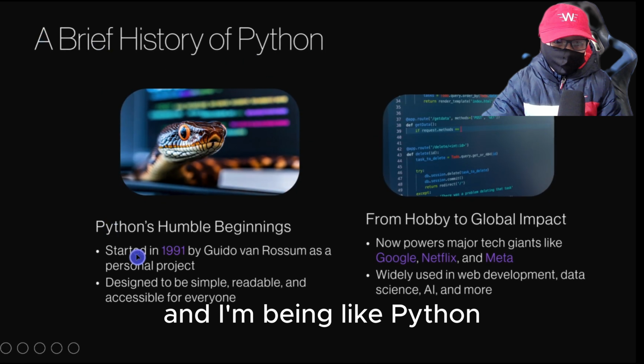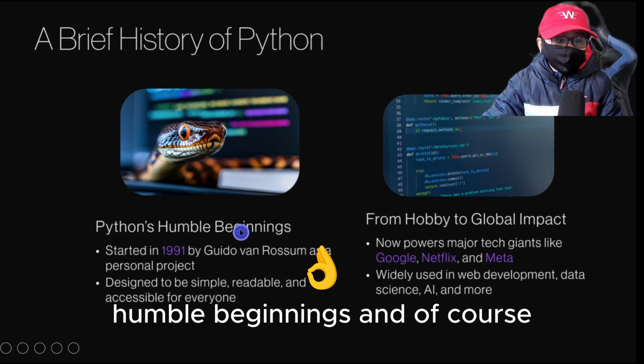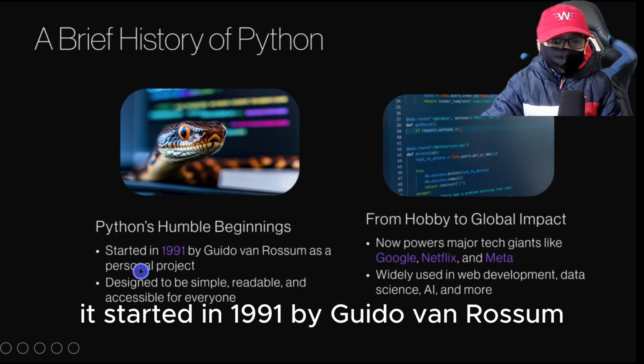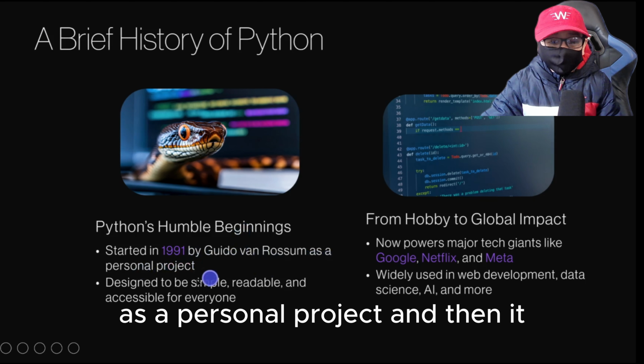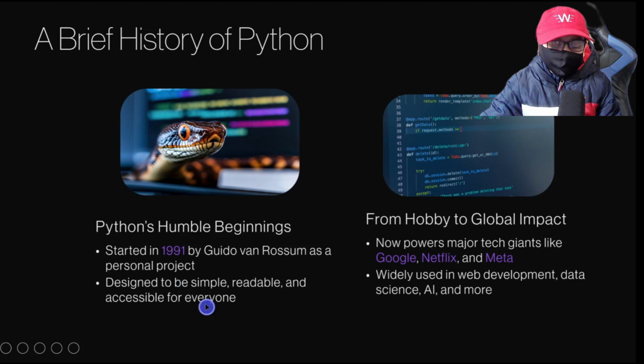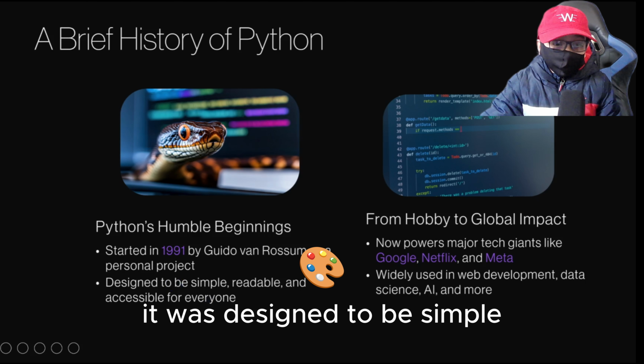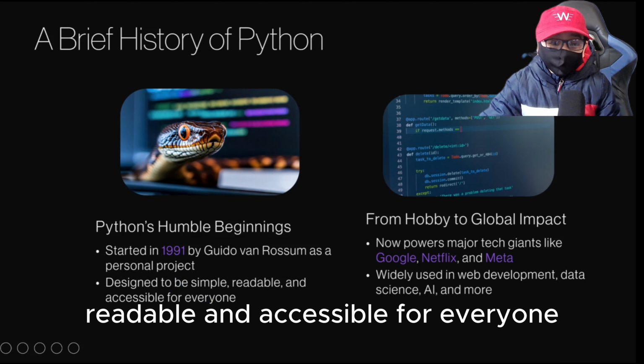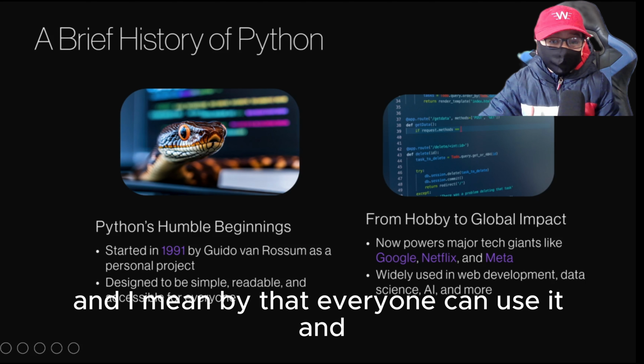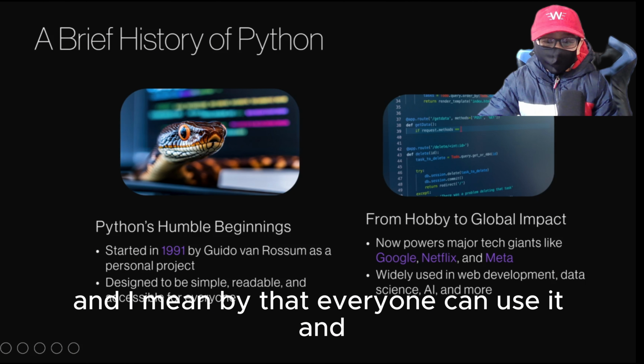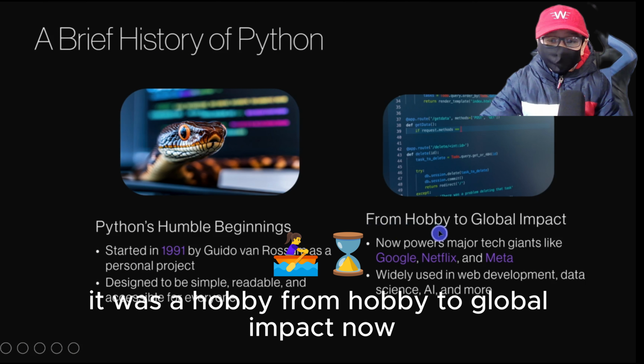Well, yeah. And the next is a brief history of Python, like Python's humble beginnings. It started in 1991 by Guido van Rossum as a personal project, and then it was designed to be simple, readable, and accessible for everyone. And I mean by that, everyone can use it. It was from hobby to global impact.